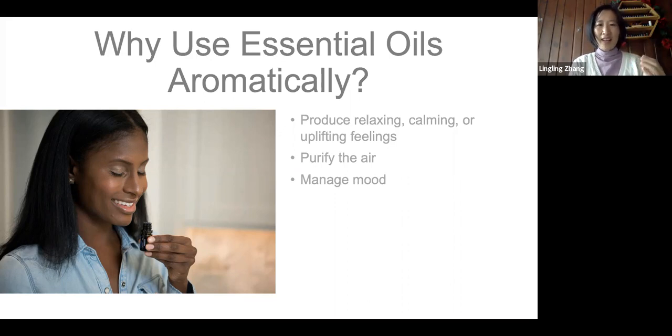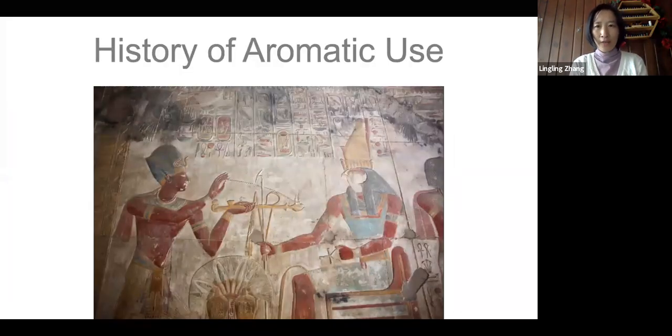Okay. All right. History of aromatic use. It's not new. It's not that people today suddenly discovered the benefits of essential oils and aromatic use. No, our ancestors, thousands of years ago, had already used the oils for thousands of years.